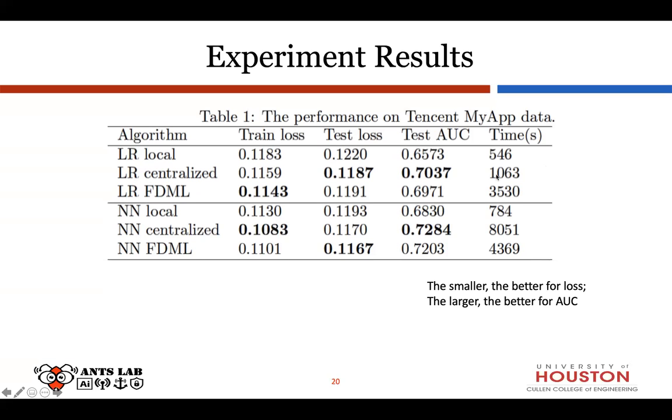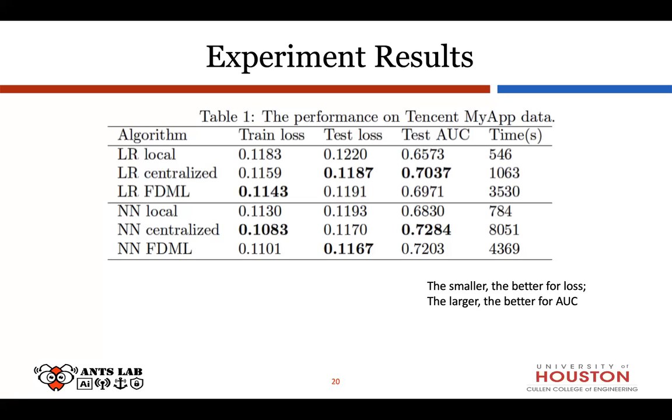So the computation load is very small. But FDML needs the communication overhead, while the centralized model doesn't have the communication overhead. So in this scenario, the communication dominates. That's why FDML is slower than the centralized approach.